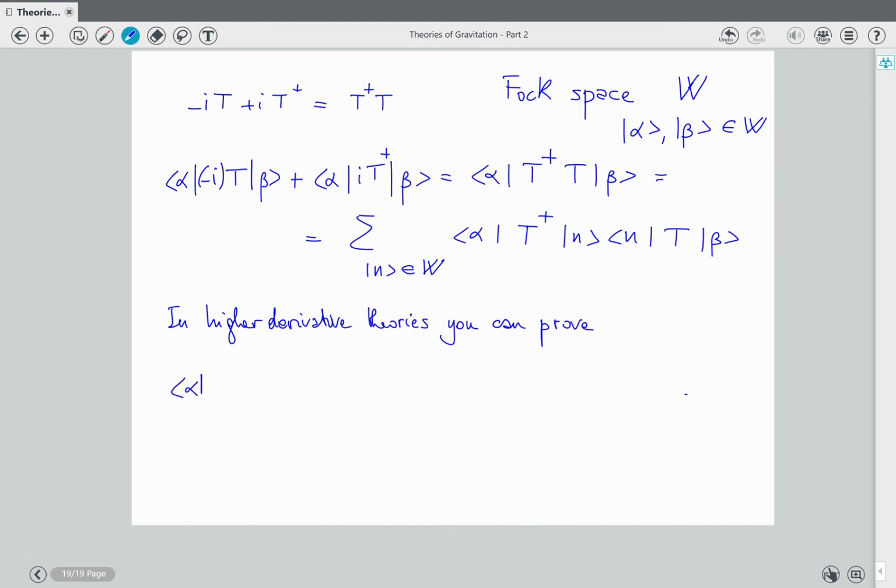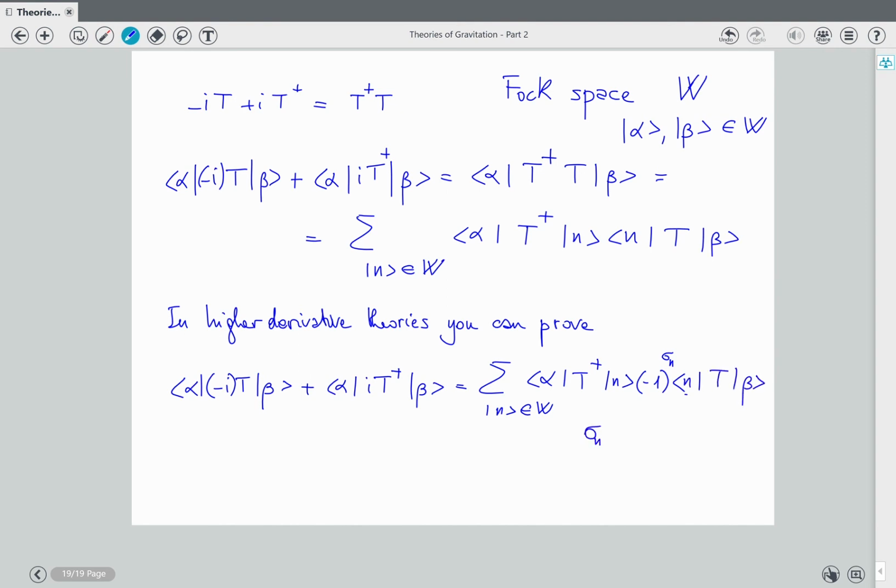So it's an identity like this: minus i alpha T beta plus alpha i T dagger beta is equal to this sum, alpha T dagger N, and then there can be a minus sign or plus sign, depending on whether your intermediate state is physical or unphysical.